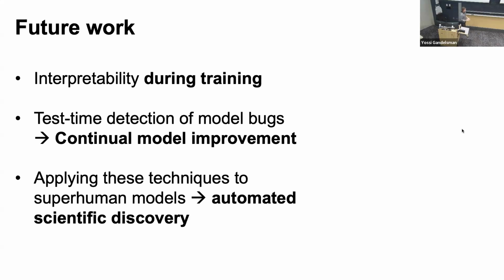These models are trained on annotated data and just perform better than humans, and humans don't have any idea why. So if we can use these techniques to extract something from the model, to say something about the underlying algorithm that the model implements, we can come up with a new scientific discovery. And we can even automate it if we can discover this interpretability part in a more automated way.